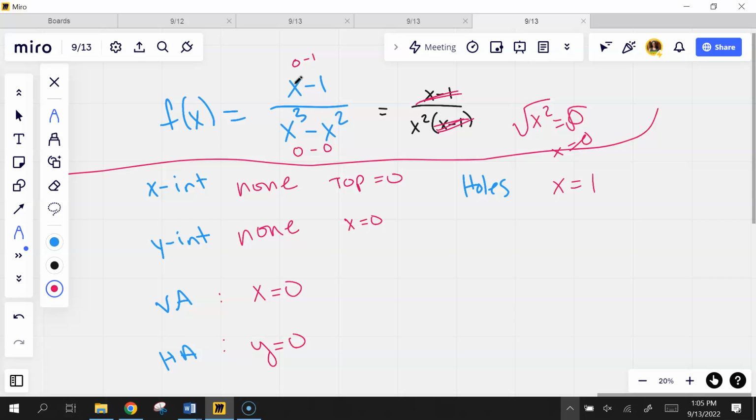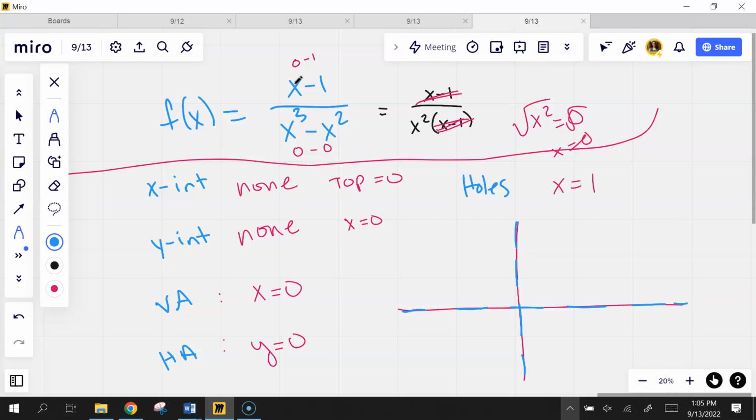What do you think this looks like when you graph it? I know I've got asymptotes. Well, let's think.